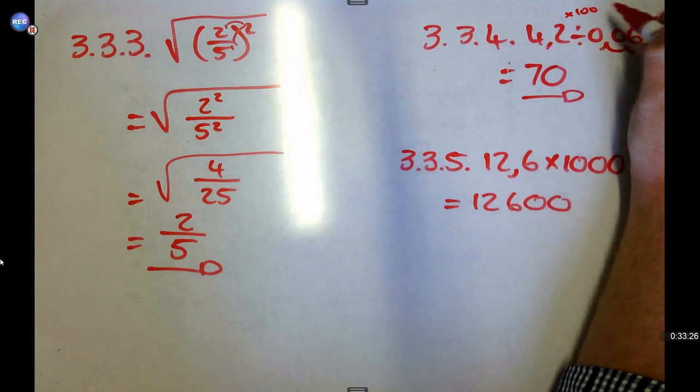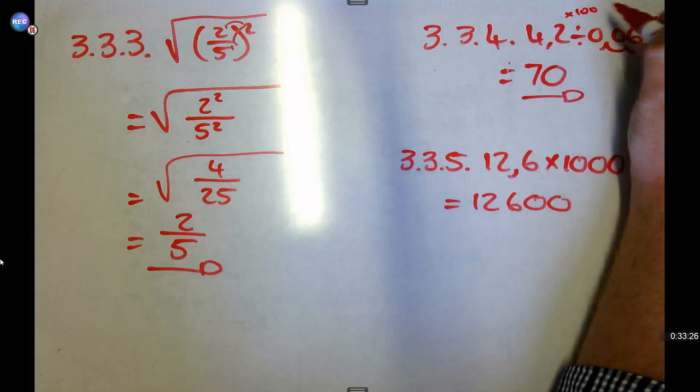So our next question is from another question paper that I went and quickly looked at. It will be 3.3.1, and that is 4 and 4 over 5 divided by 3 and 1 over 8.